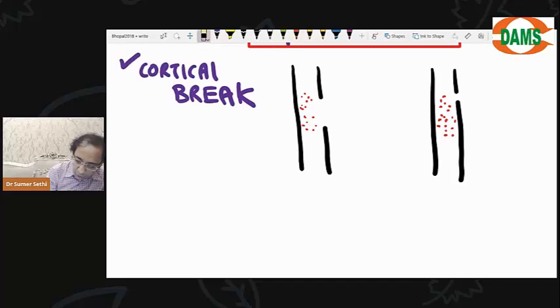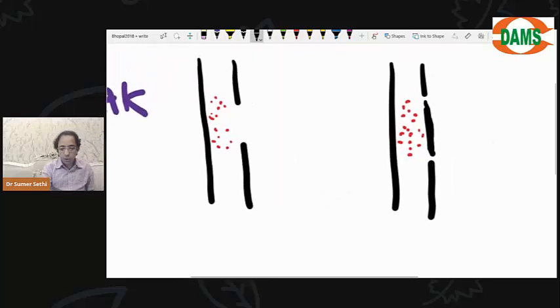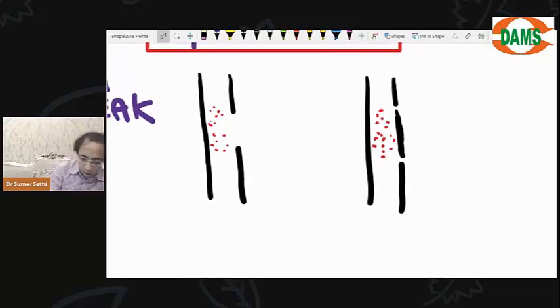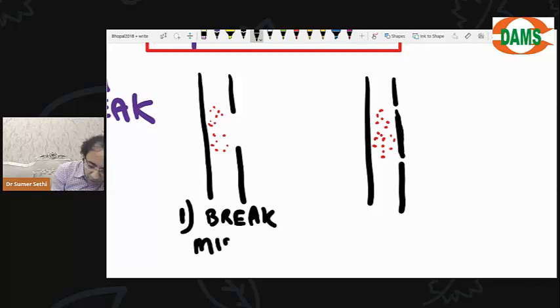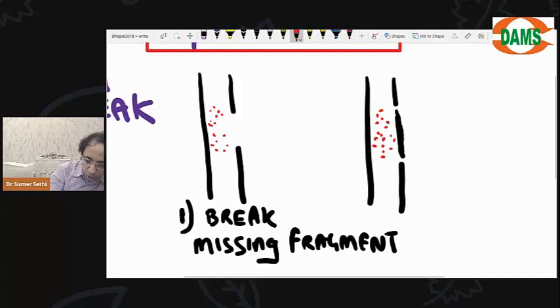Okay, but sometimes you will see a break like this. What is the difference between the two? In the first image, there is not only a break in cortex, a piece of bone, a fragment of bone is missing. Why it is missing? Because it is destroyed.